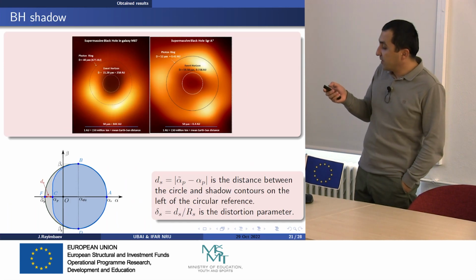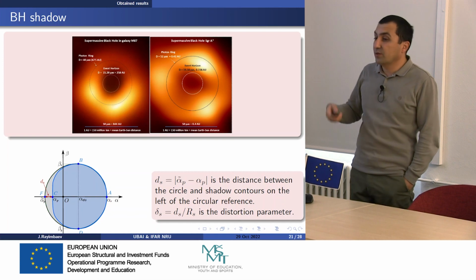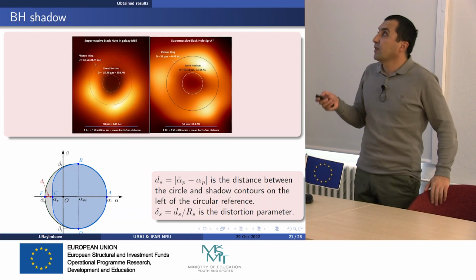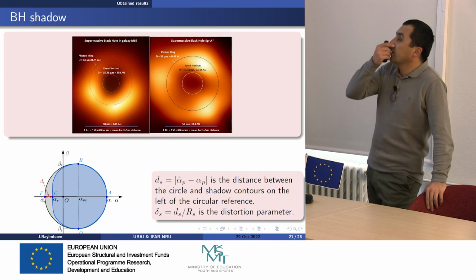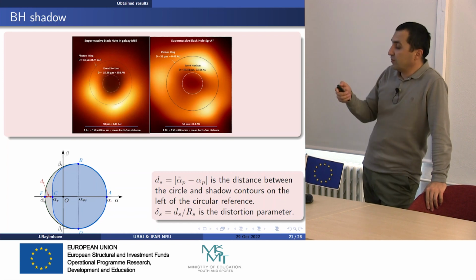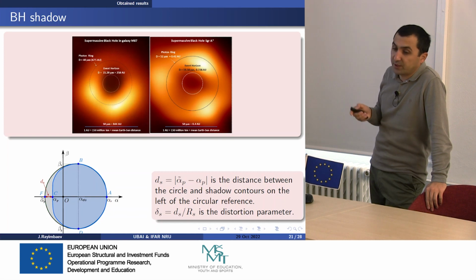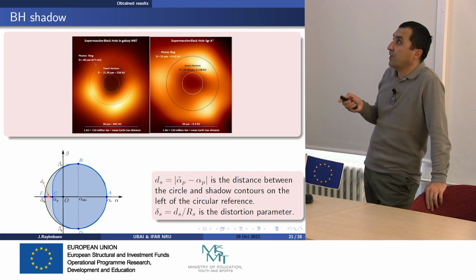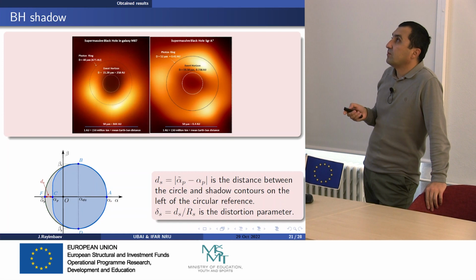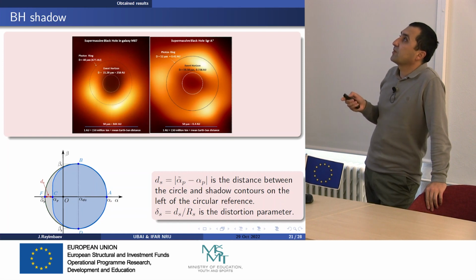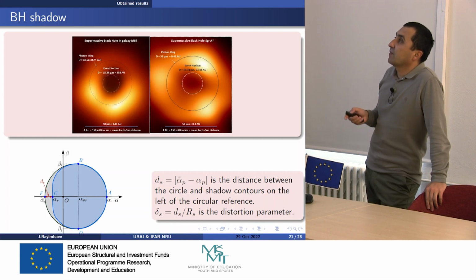So, another test of the black hole spacetime. The way to test black hole spacetime is using the observational data of black hole shadow size. Here are the shadows of the supermassive black holes M87* and Sagittarius A*, which have different angular sizes.